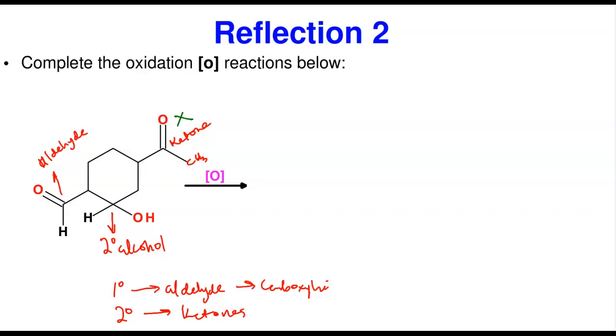So let's try to redraw all we have there. So if I redraw this first cyclohexane ring I have here, it doesn't look good. I'm going to be having something like this. And then, of course, this will remain that way because no reaction will take place here. Now, what about here? There will be a reaction here because the carbon will still be here, but this guy will now have an OH converted to carboxylic acid.